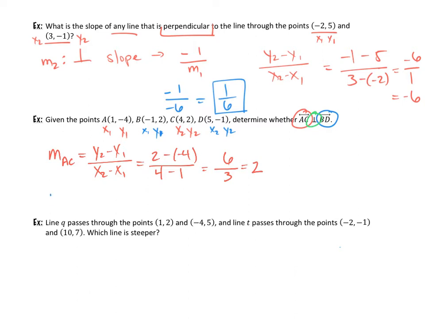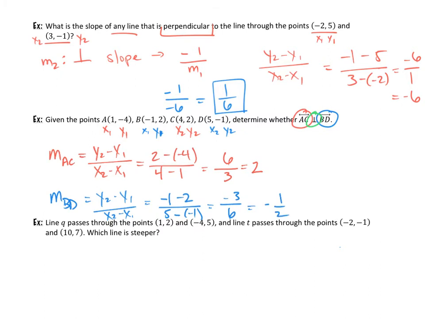And then for line BD, my slope is y2 minus y1 over x2 minus x1. When I plug those values in, it is -1 minus 2 over 5 minus -1, which is -3 over 6, which is -1/2 when I simplify.